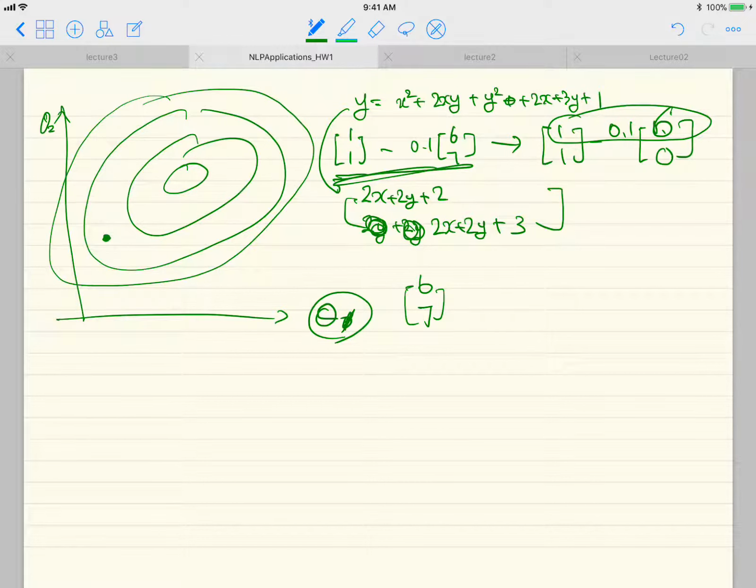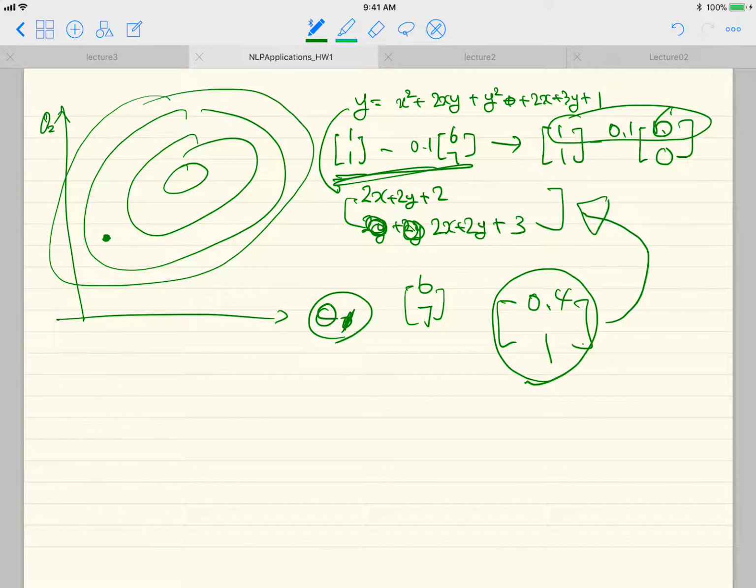So we only update the first coordinate, and the first coordinate will be 0.4, still having the same value in the second coordinate, right? And then for this point, we now re-evaluate our gradient, right? And then what will be our gradient? (4.8, 5.8), right? And then we only use this to update the second coordinate.